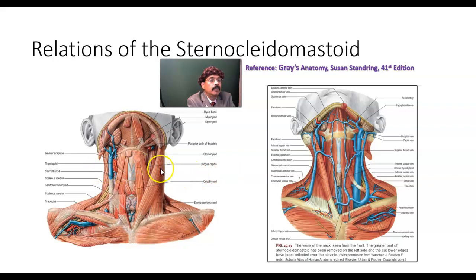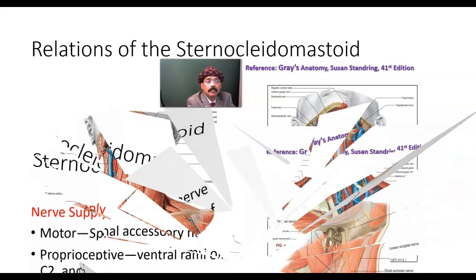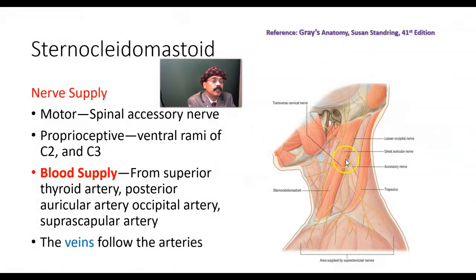Over the superficial aspect of the muscle we have the cutaneous nerves, most of them coming from the cervical plexus we have seen in our previous image. Okay, so these are the great auricular nerve, lesser occipital nerve, and the transverse cervical nerve, and these are coming out of the cervical plexus.